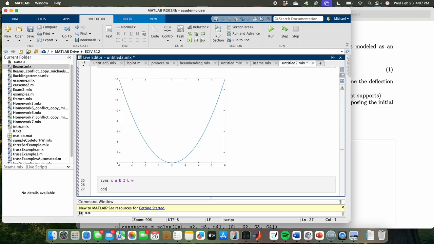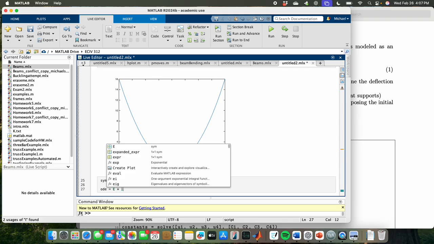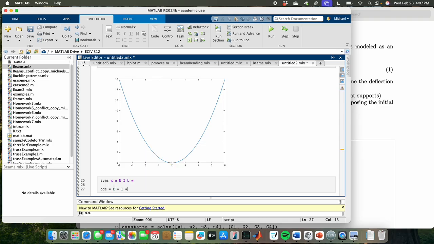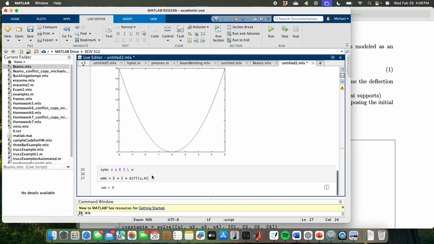My ODE is equal to E times I times diff, which is the command that takes the derivative, U, comma, 4. Do you need the X in there too? Good question. Let's see. Yes.